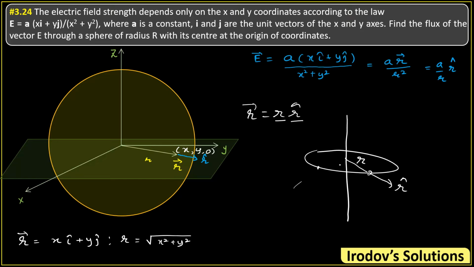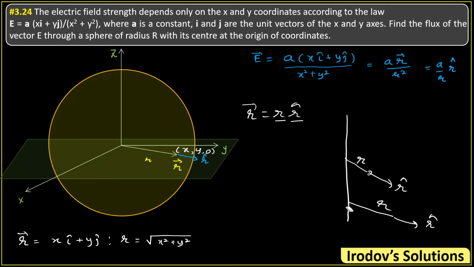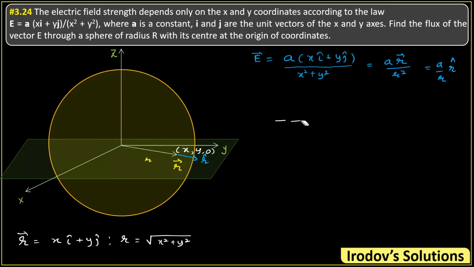If I'm here, this is r and this is r cap. If I'm somewhere here, this is r and this is r cap. So I think that is clear: the electric field is in the radial outward direction, which does not mean the tail of that electric field vector is at the origin, but radially outward with respect to the z axis.